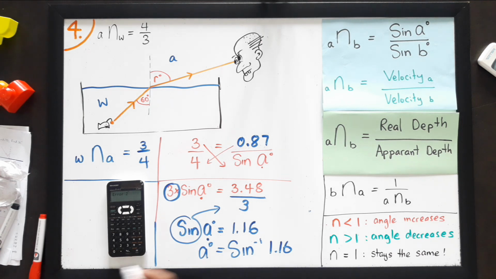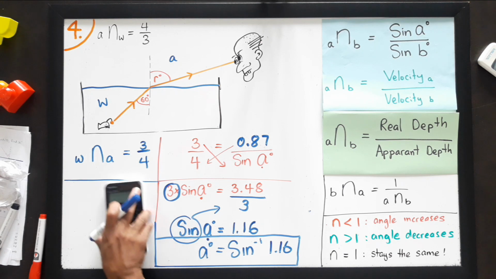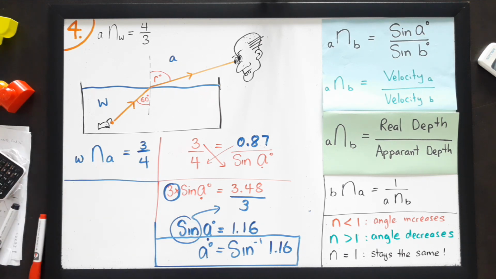And of course we did everything correct, and we got an error on our calculator. And this is a very, very, very important thing we need to discuss now. How come we did everything correct and we got an error on the calculator? So this brings us to a topic called critical angle.